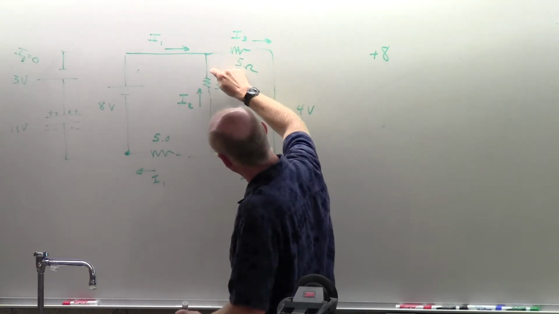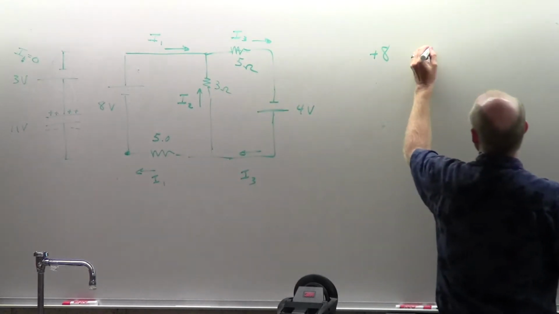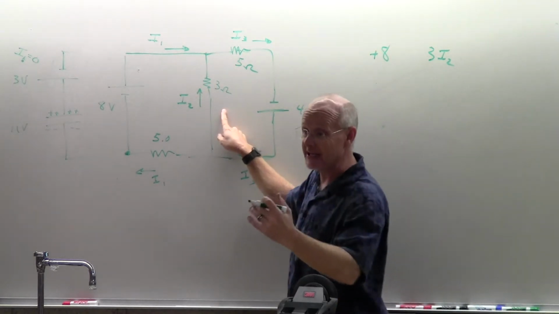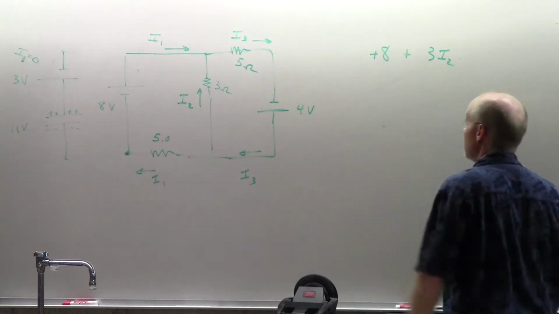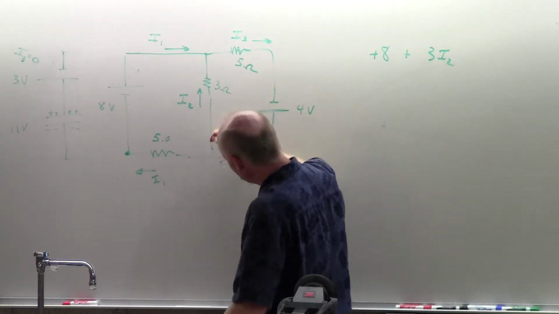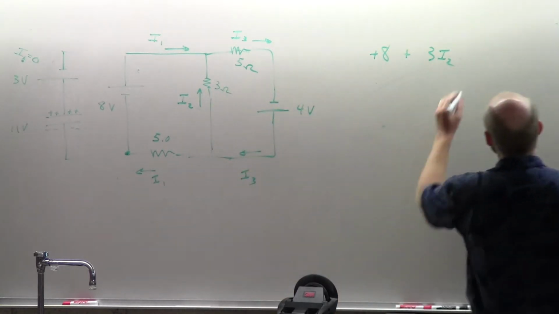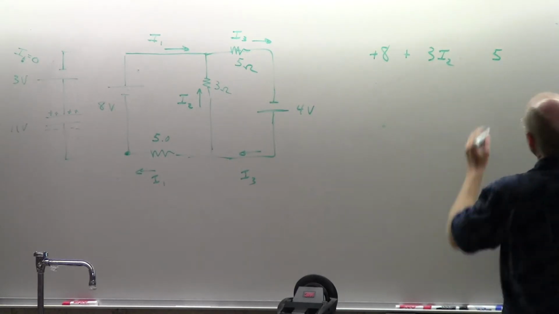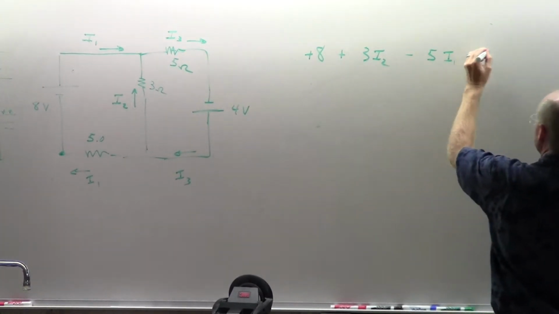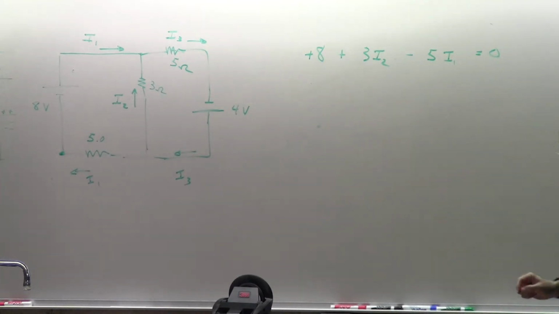I will then go through here, which is a 3I2, and I'm going against the current, so it is a change of voltage that is a plus. I would then get here, which is a 5I1 going with the current, and that equals 0.